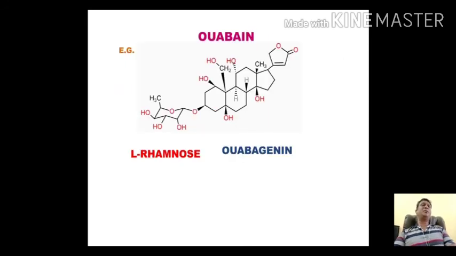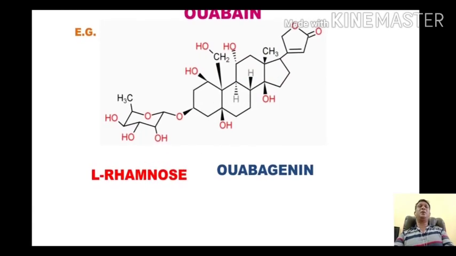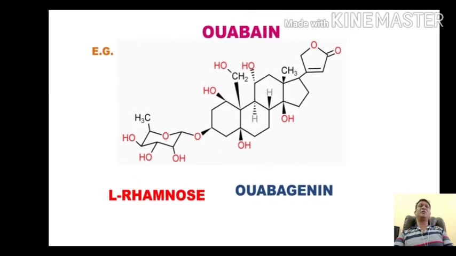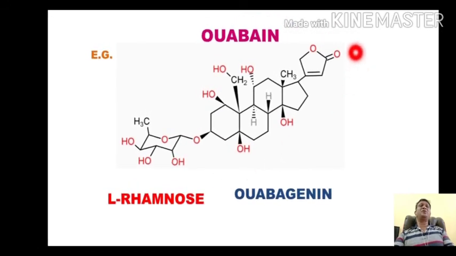Let's look at one example of a cardiac glycoside. It is ouabain. This consists of this non-sugar portion which is called ouabagenin, and this is attached with the sugar L-rhamnose by this glycosidic linkage.